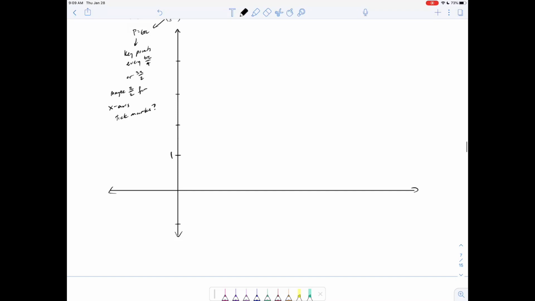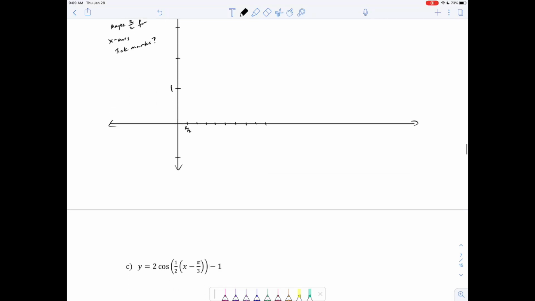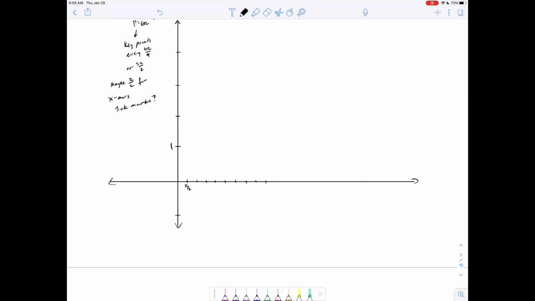We'll see what happens. So this can be pi over 2, 2 pi over 2, 3 pi over 2, and so on. Sometimes when I do this, I also indicate other values on here because I know that 3 pi over 2 is necessary.